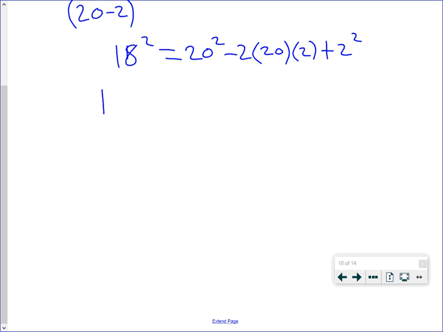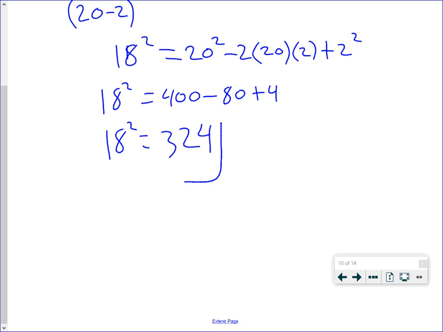Okay, we know that 20 squared is 400, so we'll just bring that down. 2 times 20 is 40, 40 times 2 is 80, so you have 400 minus 80 plus 2 squared, or just plus 4. So we get that 18 squared equals 400 minus 80 is 320, and 320 plus 4 is 324.